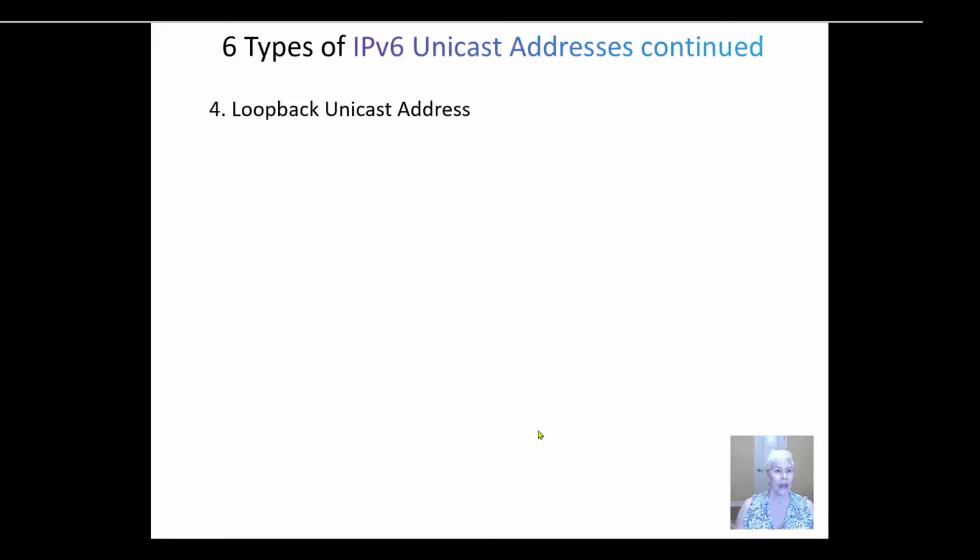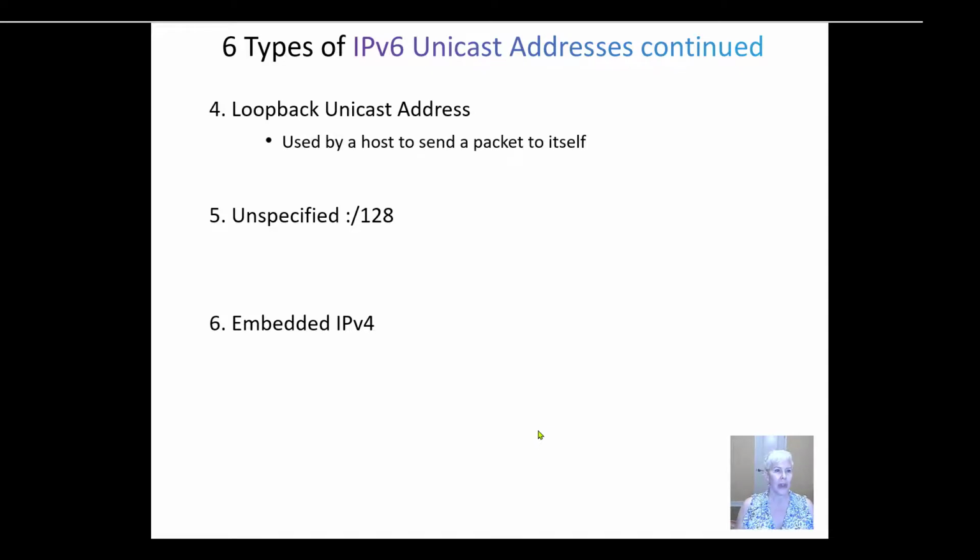Number 4 is a loopback unicast address. Number 5 is an unspecified address. That's the ::/128. And number 6 is something called an embedded IPv4 address. So let's look at these closer. The loopback, that's used by the host to send a packet to itself.